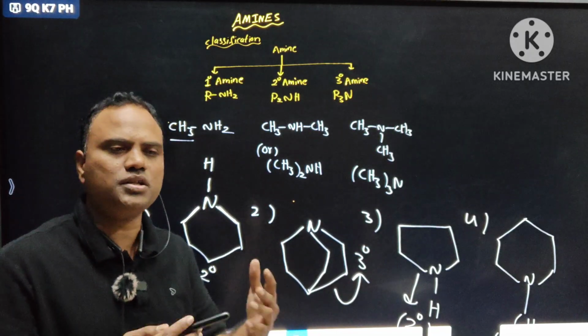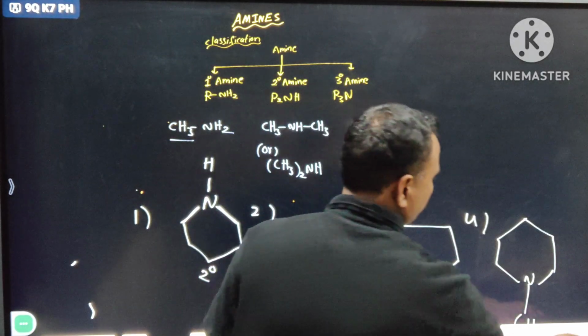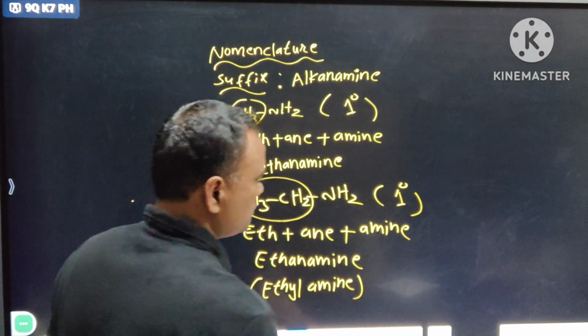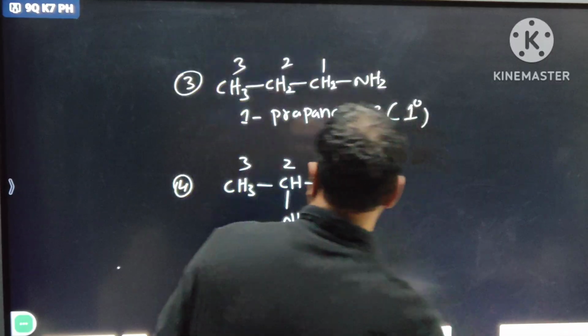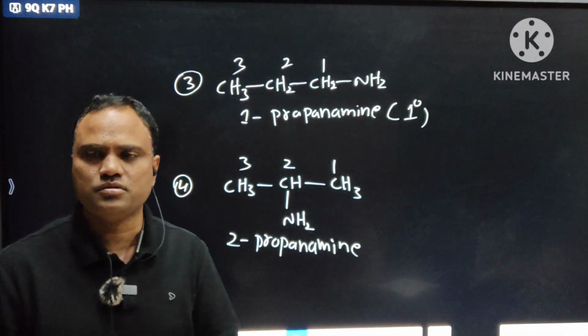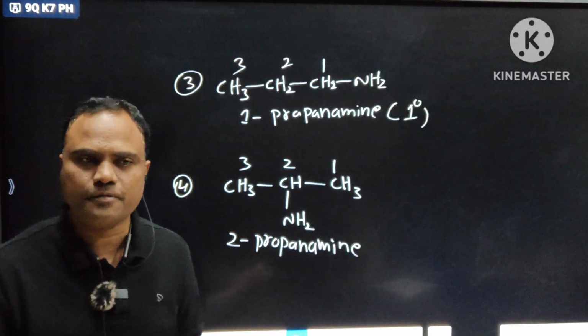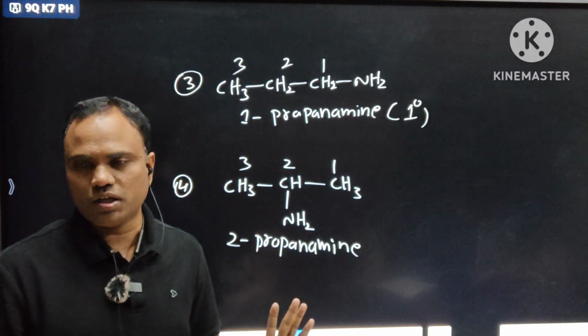If NH2 is present, that is a primary amine. Clear? But in the name, the word two is there, so they get some confusion. They'll say, sir, 2-propanamine is 2 degree. Wrong answer. 2-propanamine is 1 degree amine only.